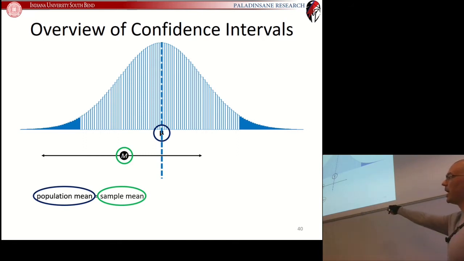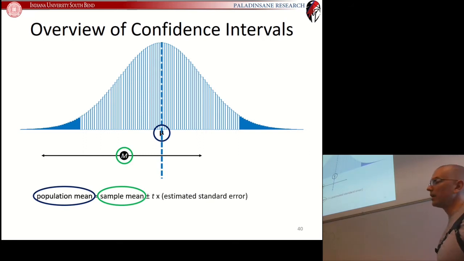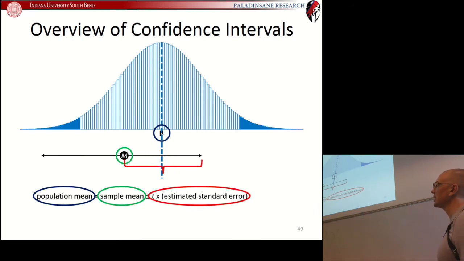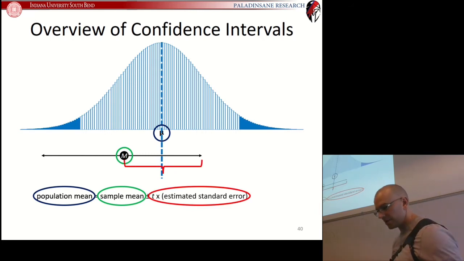However, we still have a range. And the length of that arm there is plus or minus t times your estimated standard error. Your t statistic is your critical t. That's your cutoff t score, the t score that's going to put 5% into the two tails.